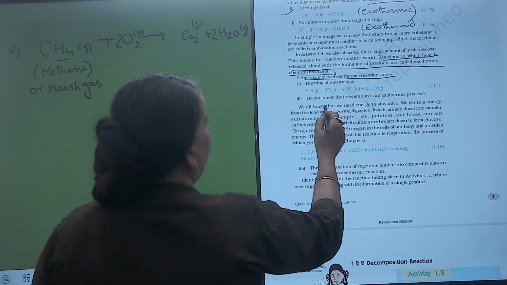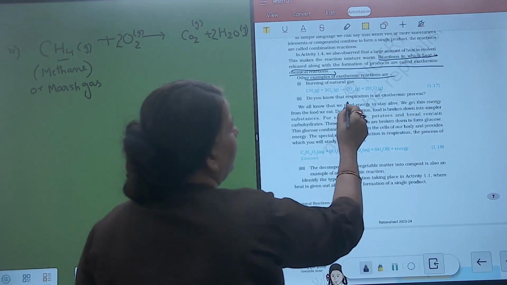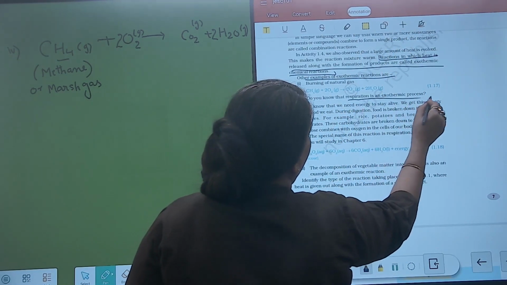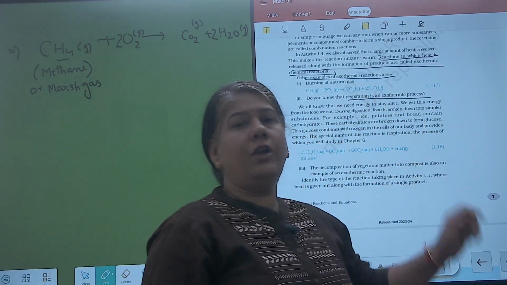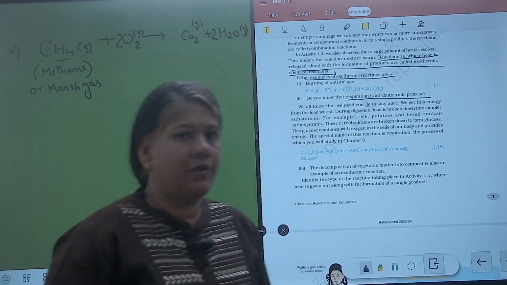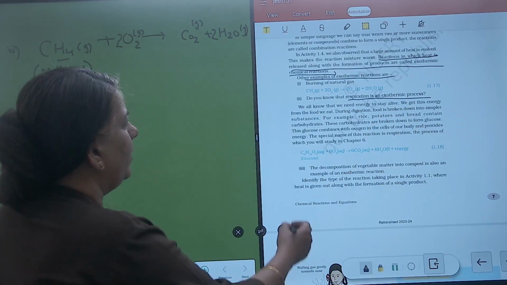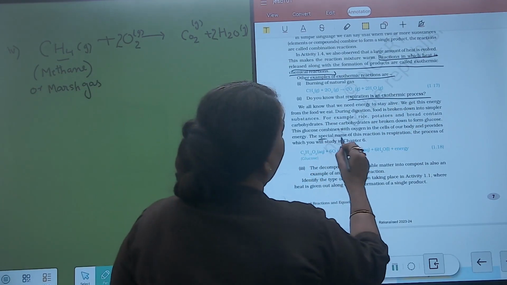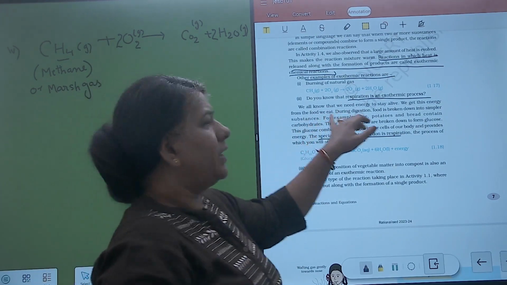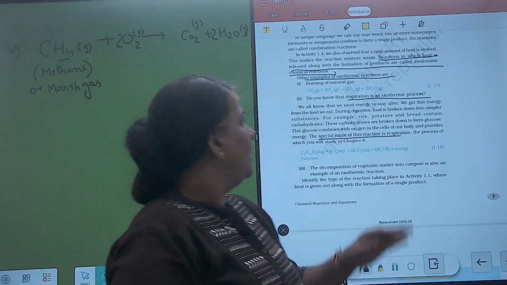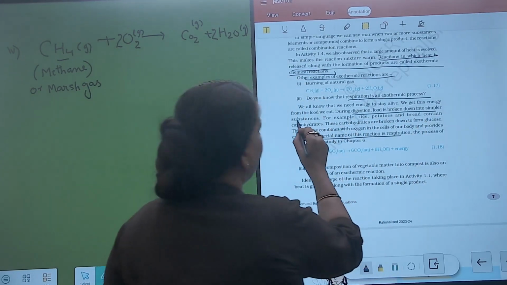Okay, the next example of an exothermic reaction is respiration. So what is respiration? Again, you will study this in detail in life processes. Here it is explained in a very simple manner. Whatever food is taken in is digested and broken down into simpler substances.